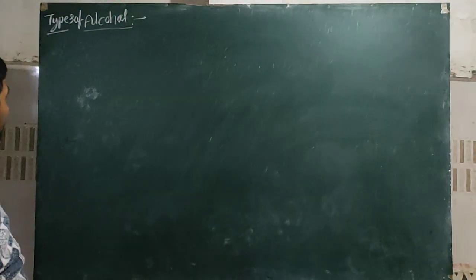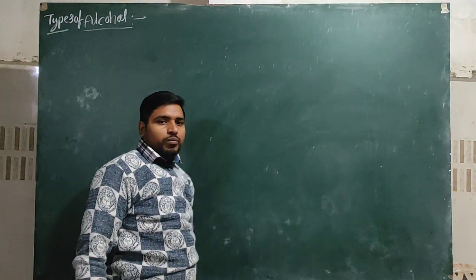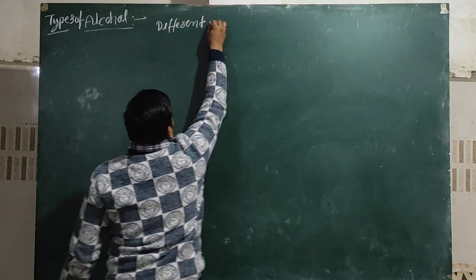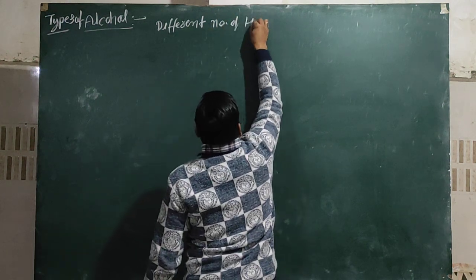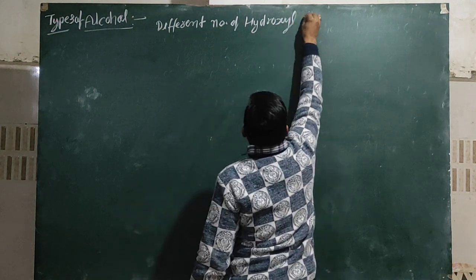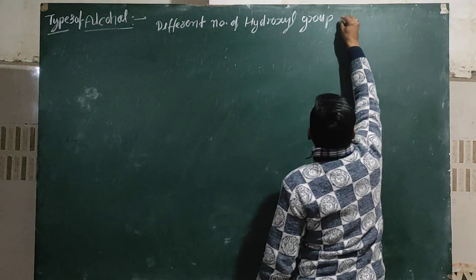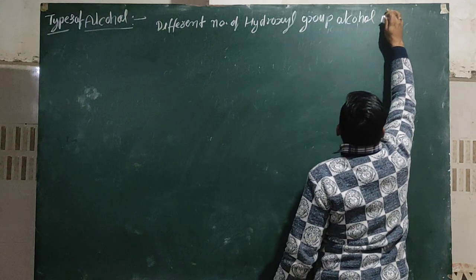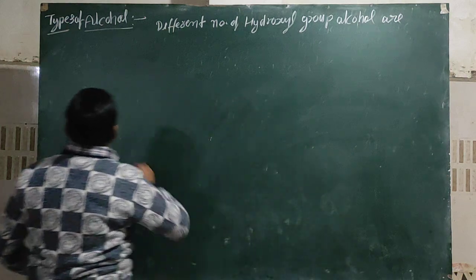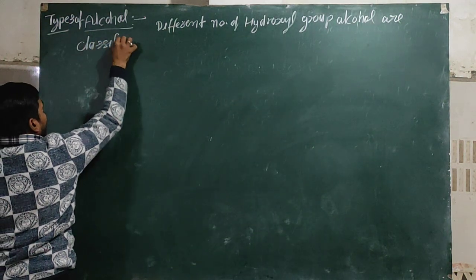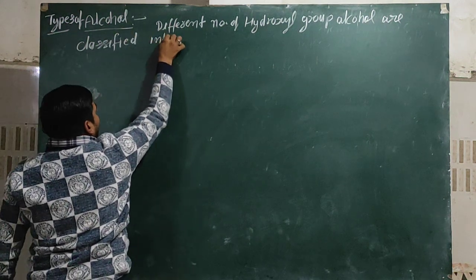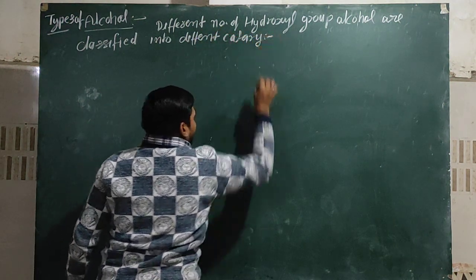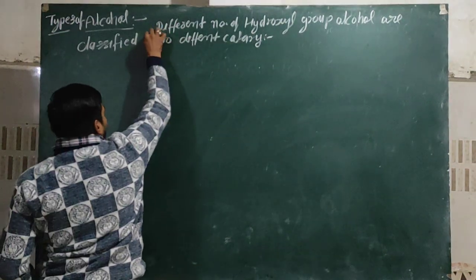On the basis of different number of hydroxyl groups, alcohols are classified into different categories. Different categories means actually it is 4 categories, but you can write different categories.